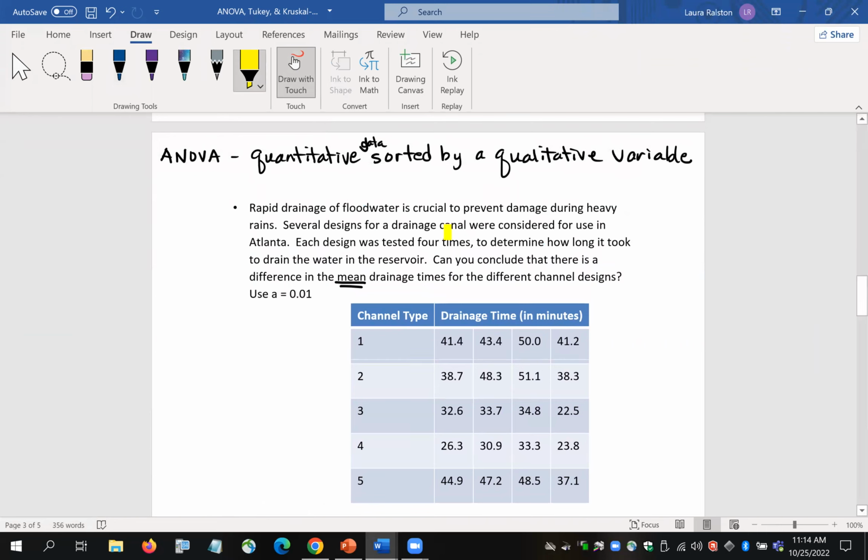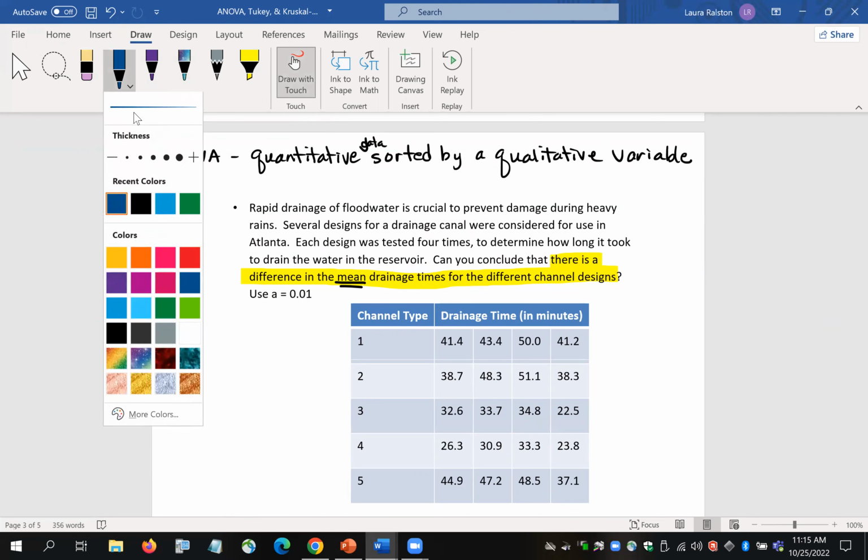And so if I look at this statement towards the end, it says, can you conclude that there is a difference in the mean drainage times for the different channel canals? Okay, so we see that word difference.